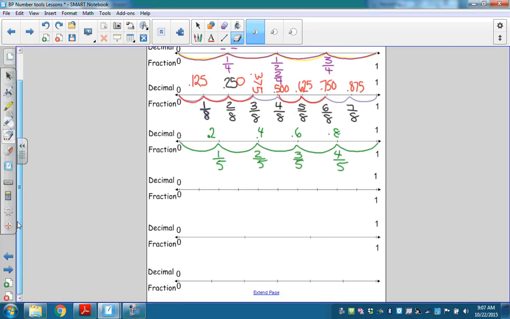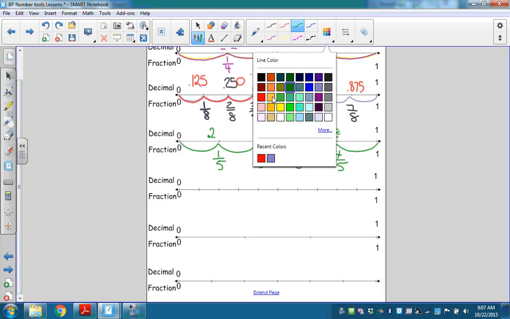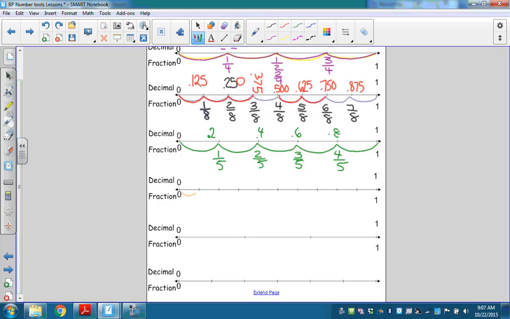Okay, so Lucy, how many jumps do we have on the next one? 10. Right. So that's the easiest one. Sylvia, what's the first decimal? This is a 1/10. How do we do that in decimal? 1/100th would be 0.01.